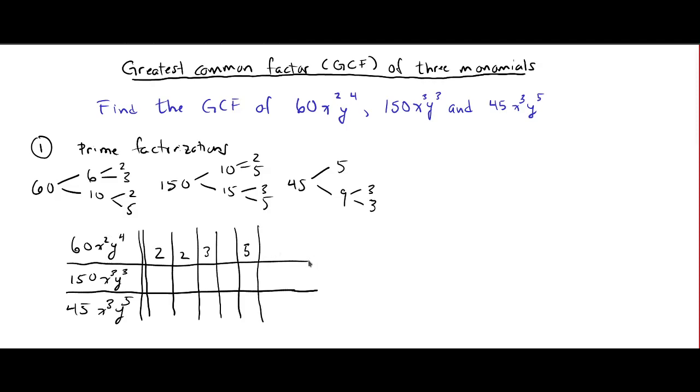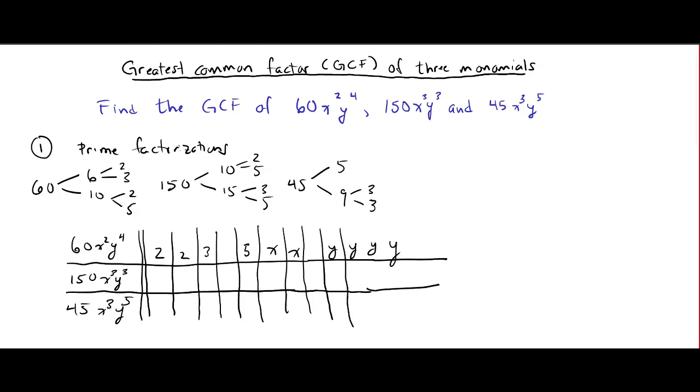Then x squared is 2 x's, 1, 2, and I'm going to skip another column because I see these x cubes here. So we're going to need a space for an extra x in the lower rows. And then we've got 4 y's: y, y, y, y. This all multiplies out to 60x squared y to the fourth.